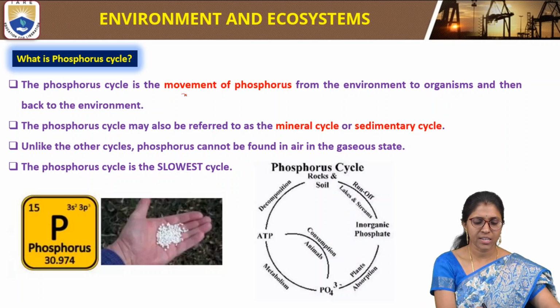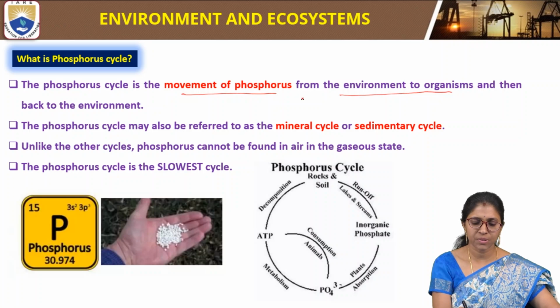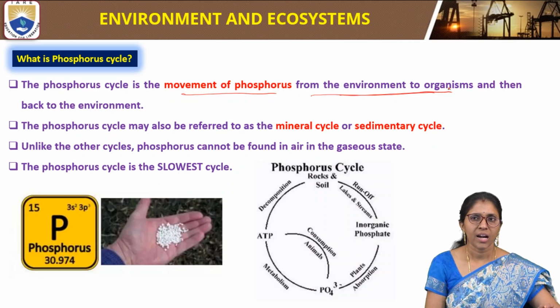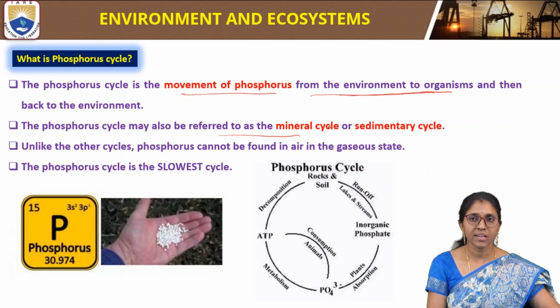In the phosphorus cycle, the movement of phosphorus from the environment to organisms, and then back to the environment, takes place. The phosphorus cycle may also be referred to as a mineral cycle or sedimentary cycle.